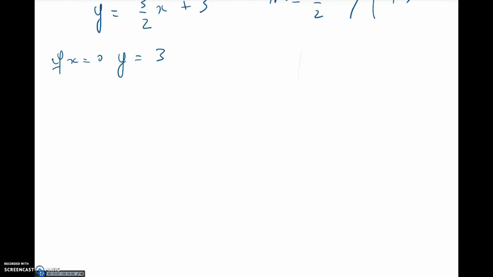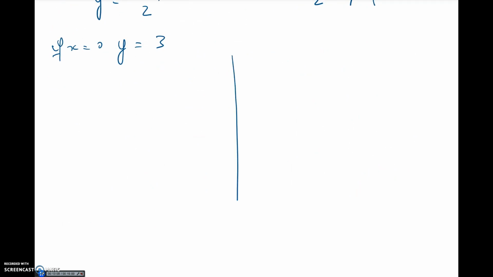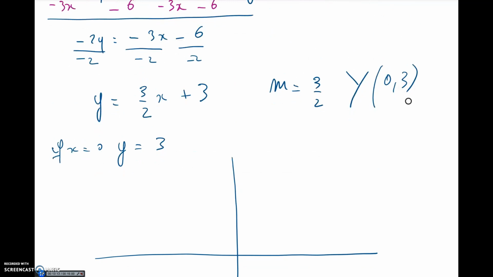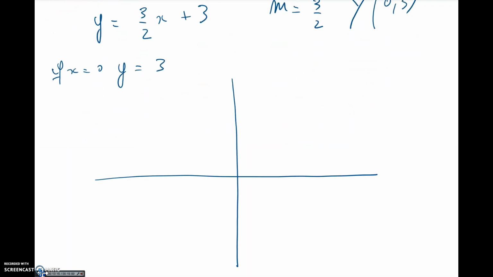Now you have your y-intercept. You are going to plot it when x equals 0, at 1, 2, 3, right here. With your slope m equals 3 over 2, from the y-intercept you go up 3 and then right 2: up because it's a plus 3, right because it's a plus 2.